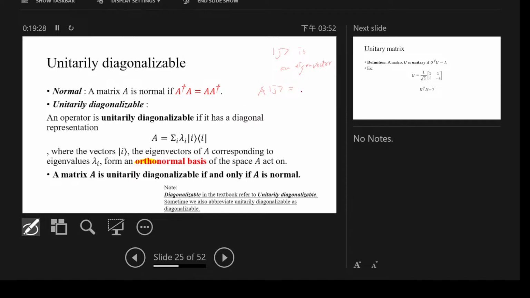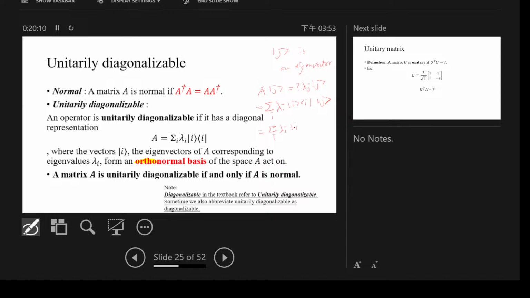Why is that true? Let's write down A equal to the sum over i of lambda i ket i bra i, and then we multiply ket j here. Then this thing is equal to the sum over i of lambda i.